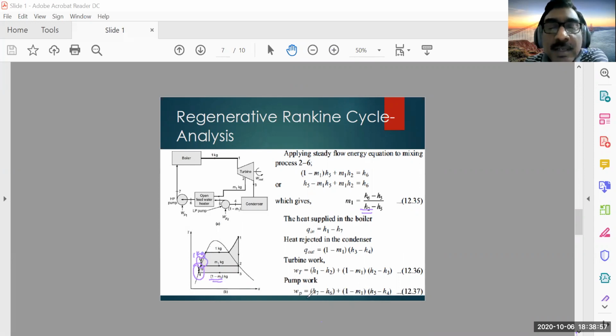So pump work is equal to (H7 minus H6) into 1, full quantity, and then (1 minus m1) into (H5 minus H4). So this is the pump work. You have to understand this concept very clearly, otherwise there is a chance of making a mistake.